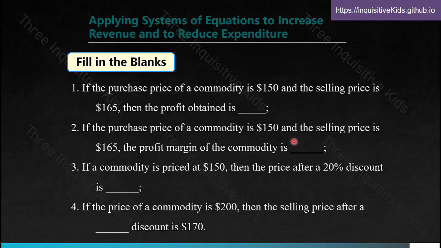So fill in the following blanks. If the purchase price of a commodity is $150 and the selling price is $165, what is the profit? The profit is revenue subtract expenditure. The profit is how much more money you get, right? Because if you first spend $150, that's already minus $150, and then sure, your revenue is $165, but did you gain $165?